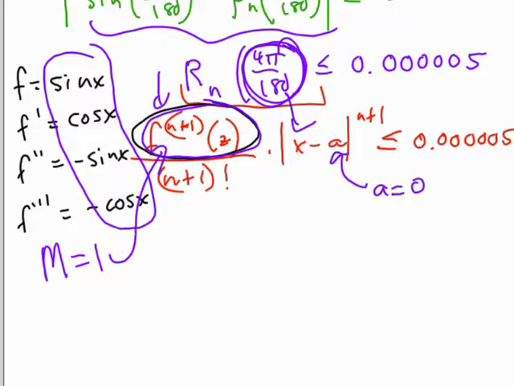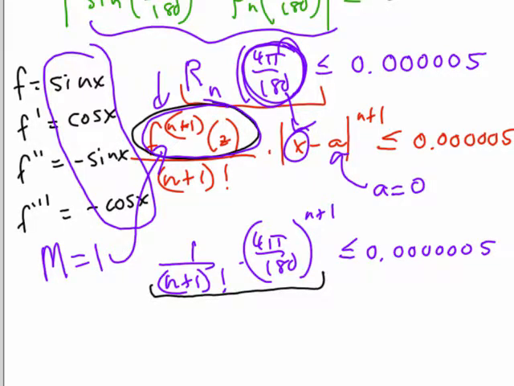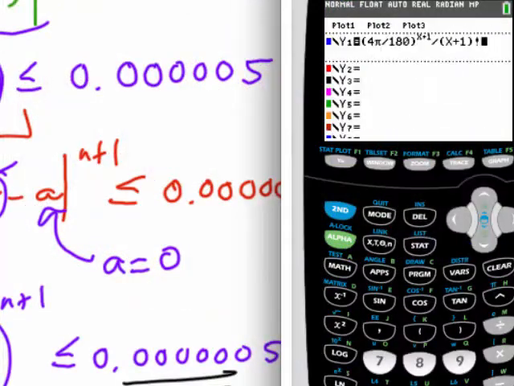Let's plug this in. We're going to get 1 over n plus 1 factorial times 4 pi over 180 minus 0, which is that, to the n plus 1, and we want that to be less than this value. Now, we can estimate the value of n through a calculator, putting in different values of n to make sure that this side is smaller than this side.